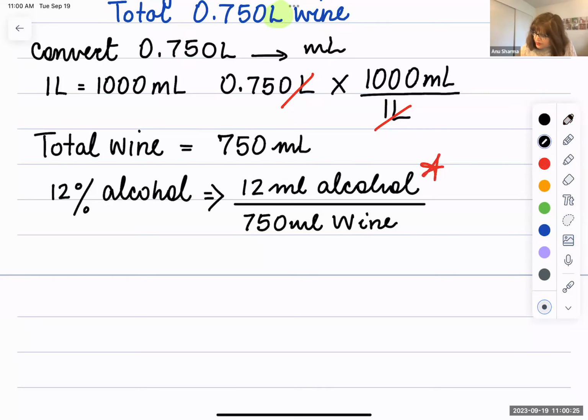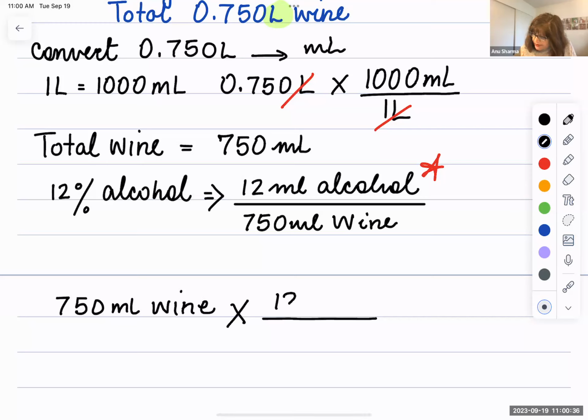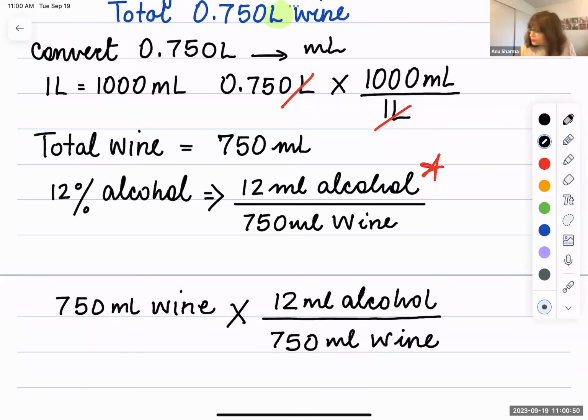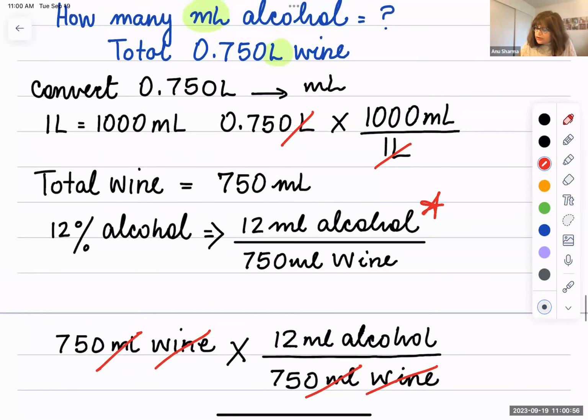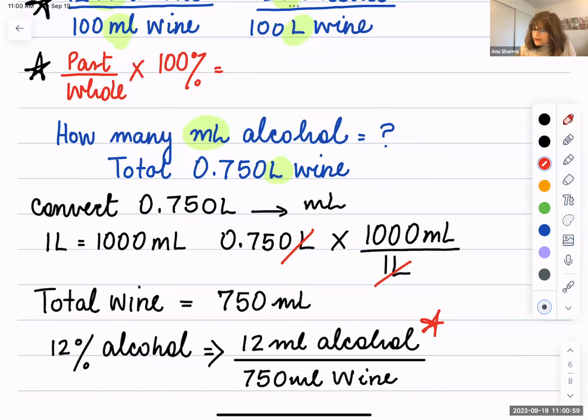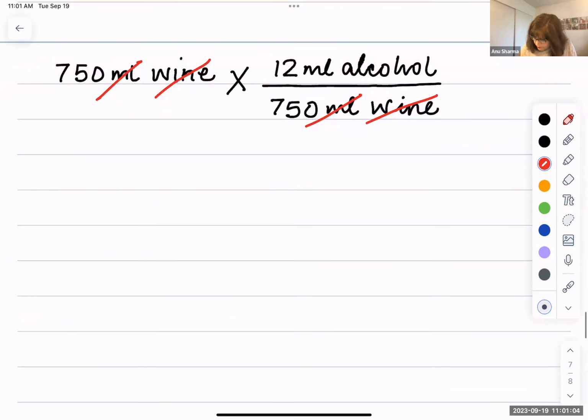Next, just write down here 750 milliliters of wine, multiply by 12 milliliters of alcohol over 100 milliliters of wine. You see the wine and wine cancel out, milliliters and milliliters cancel out, and the question is asking how many milliliters of alcohol. This is what you need to find, right? So milliliters has to be there.